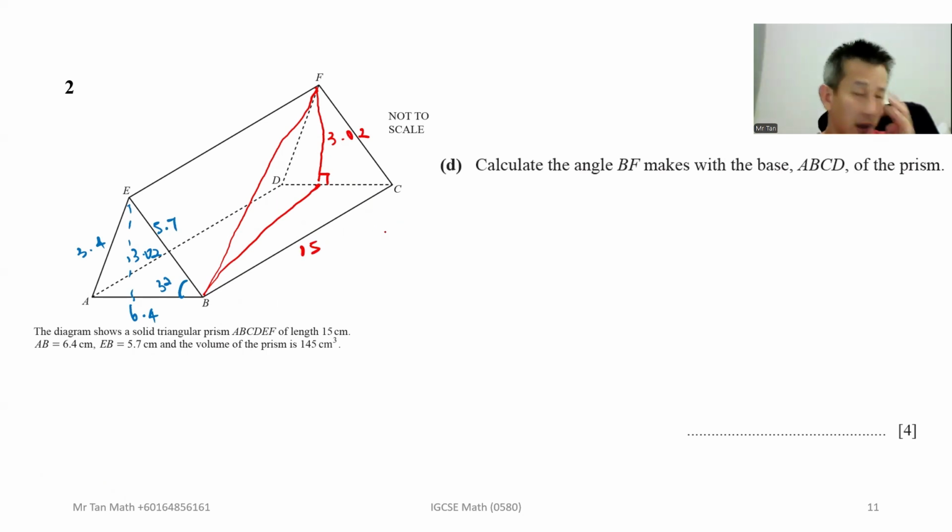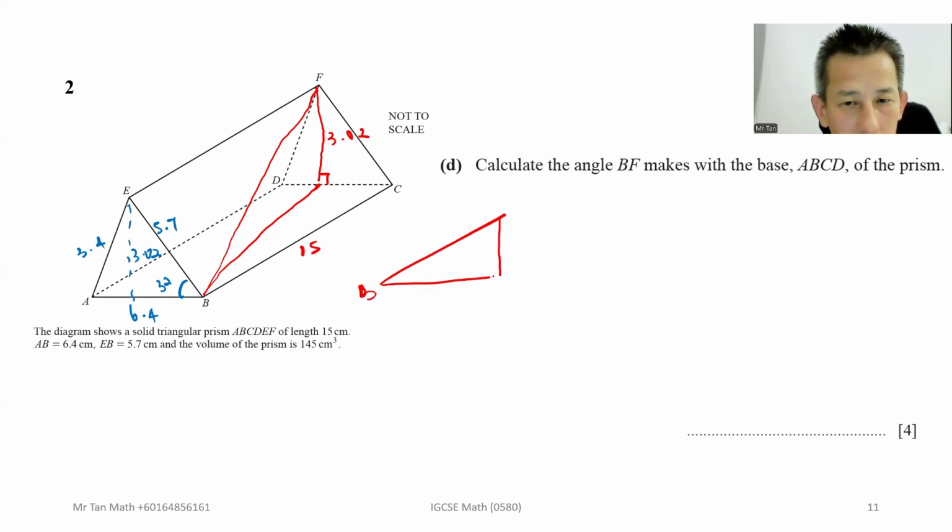So again, you are dealing with another right angle triangle. So BF, you need to find BF. So BF, take on the right angle triangle. To find BF, 15.